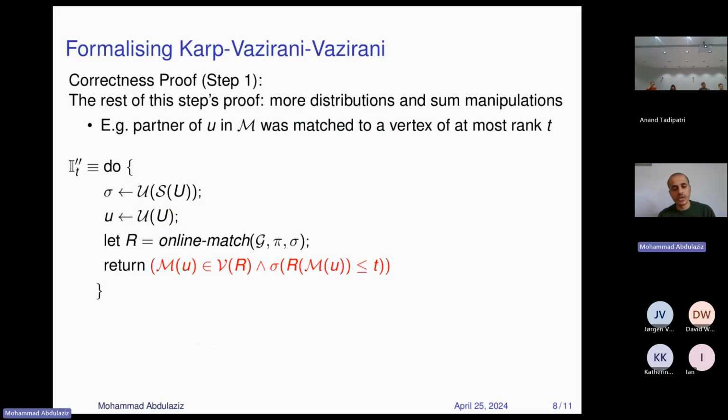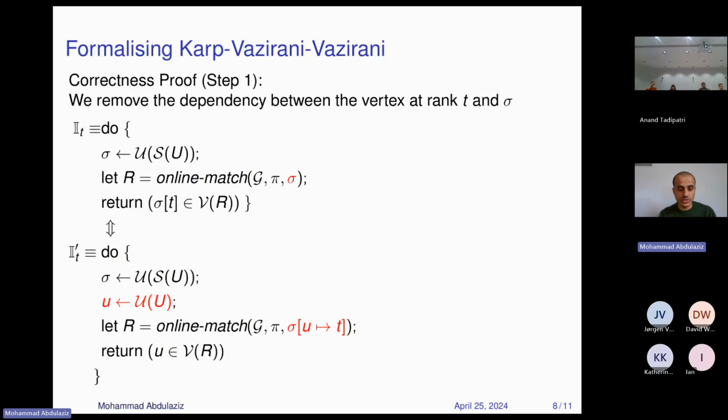And then we derive here a third distribution. Here, that first distribution is what I described earlier, and then we devise another distribution that draws a random U, and then instead of sigma of T, you give to online match sigma by replacing whatever was in position T with U, and then return true if and only if U is in the new matching.